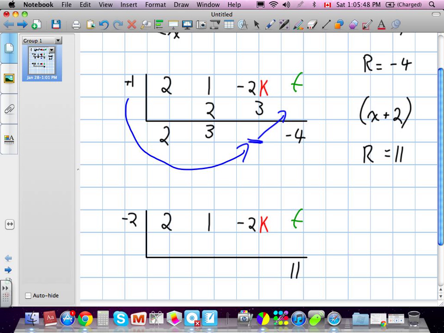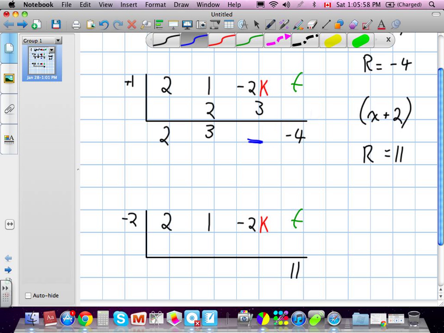Okay? So essentially, we have to make an equation out of this. When we add -2 times k plus 3, it's going to be equal to f plus whatever this number is to equal 4. So we're going to try to make 2 little equations out of this.